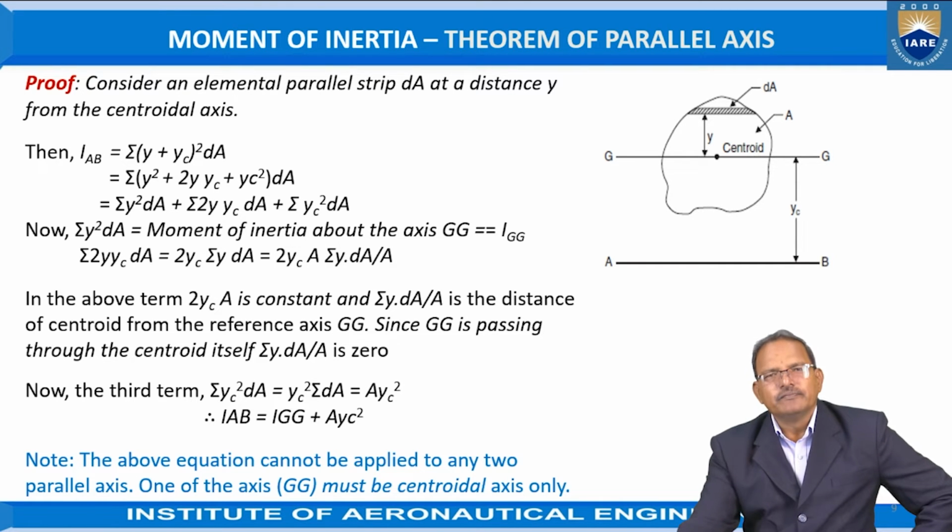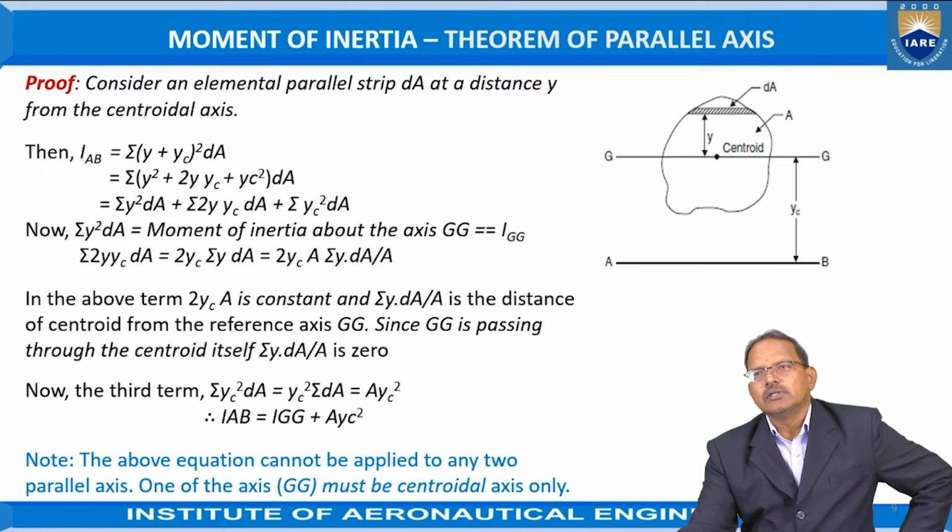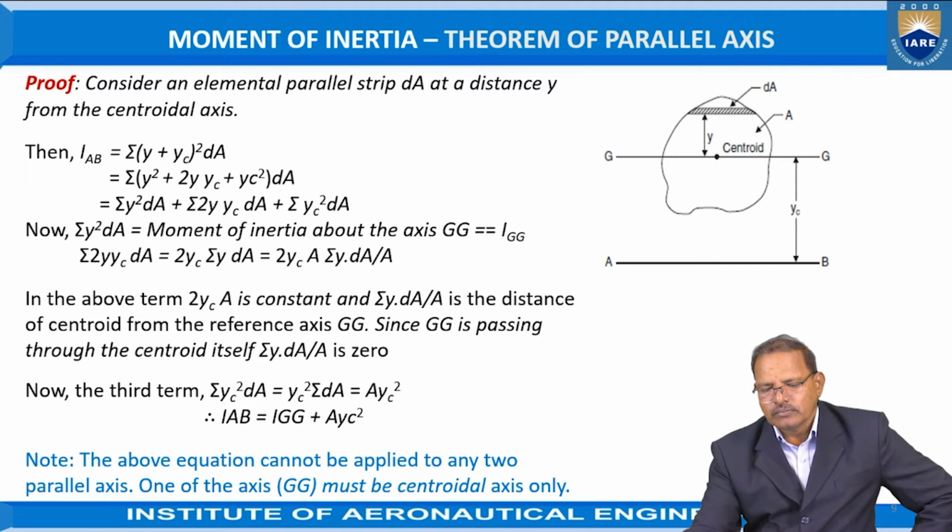Now the proof. We are considering a plane figure having total area equal to A. Let GG represent the central axis, which is drawn parallel to AB, about which the moment of inertia of that entire area is to be determined.